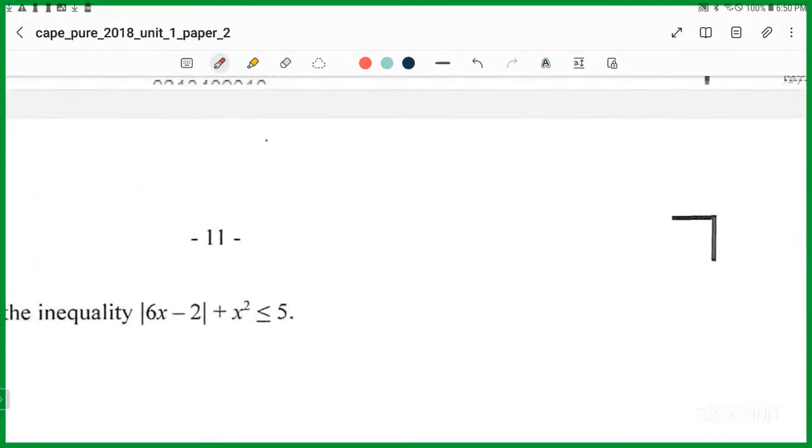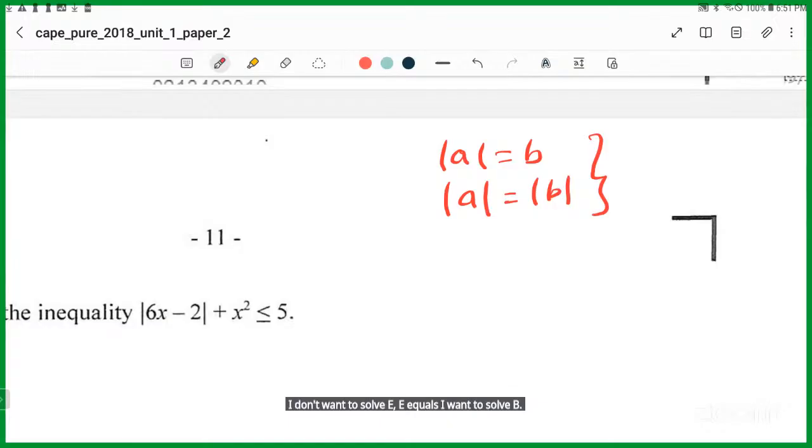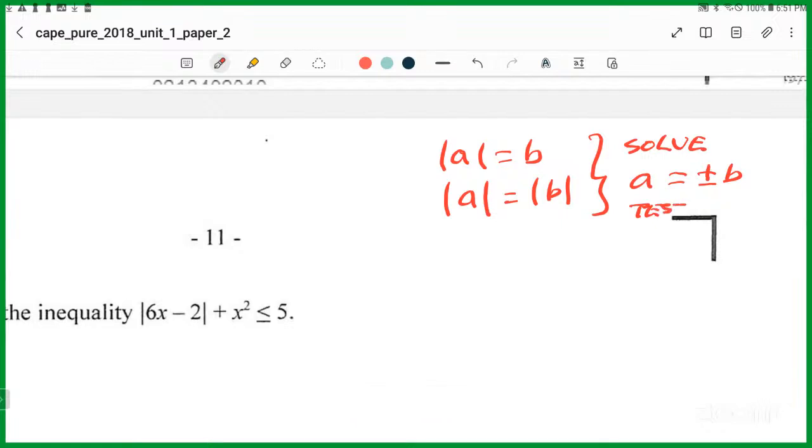So the first one is that the modulus of A equals B, or the modulus of A equals the modulus of B. Then you solve A equals plus or minus B, and you test your answers. Test answers to eliminate the one that won't work.